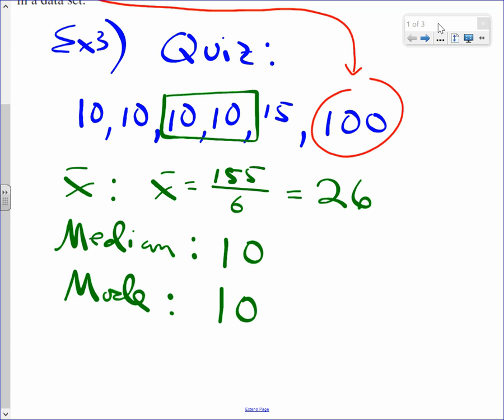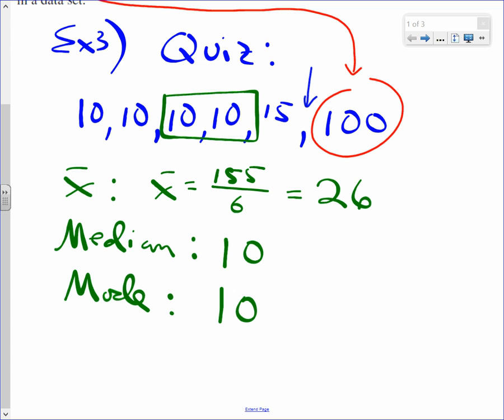Okay, now, given this situation, I have 6 test scores, or I should say quiz scores. What would be the best measure of the center? Would the mean, the median, or the mode be the best center of this? When I look at the mean, 26 is in between 15 and this outlier.